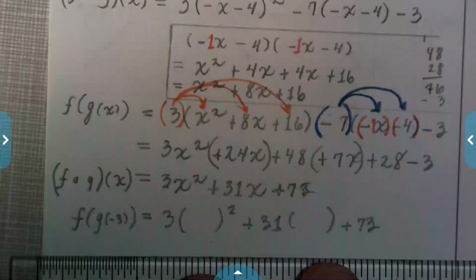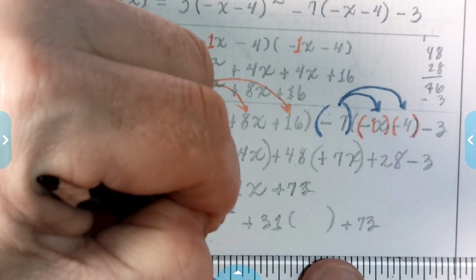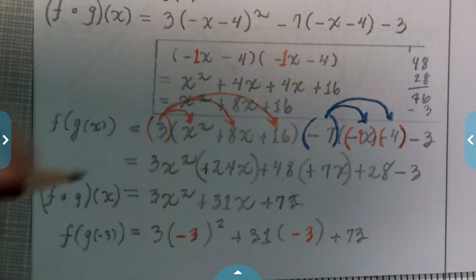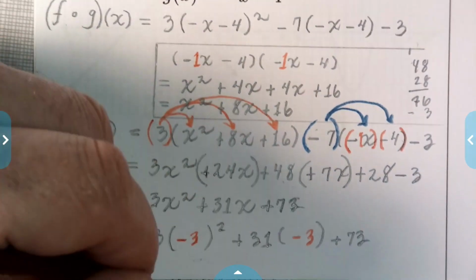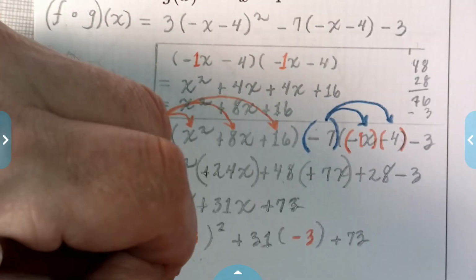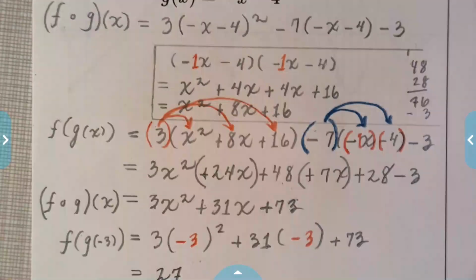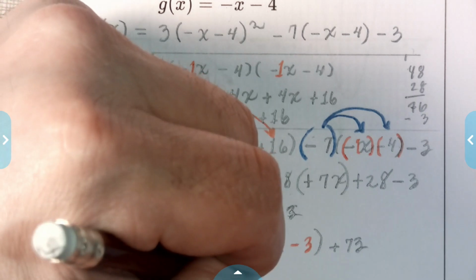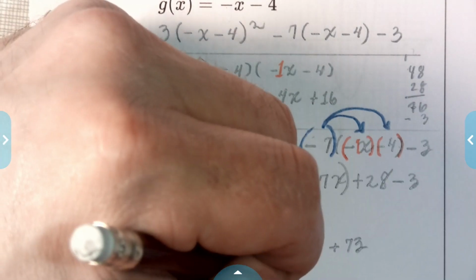Okay, and what are we evaluating? -3. Okay. Well, -3 squared is 9 times 3 is 27. And then I've got 31 times -3, which would be -93. Plus 73.